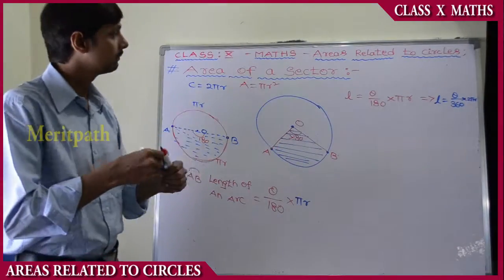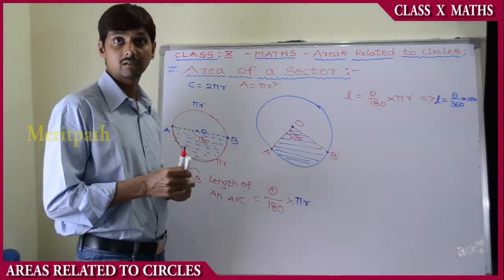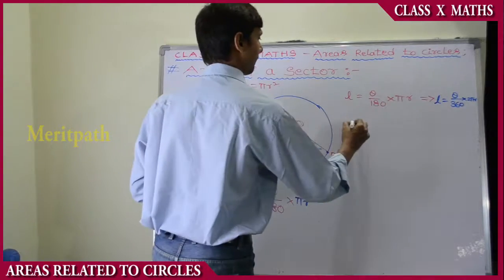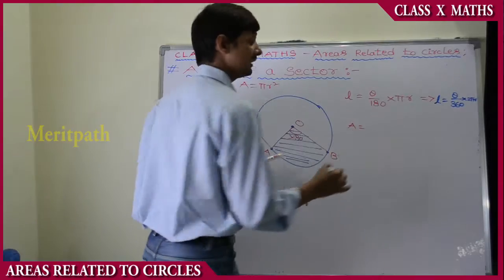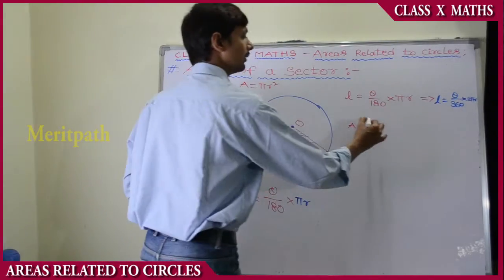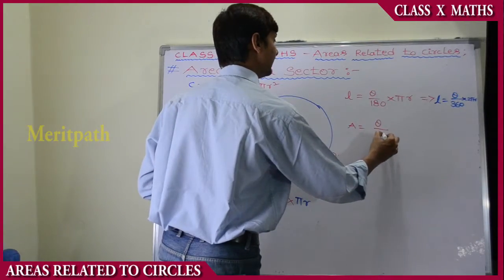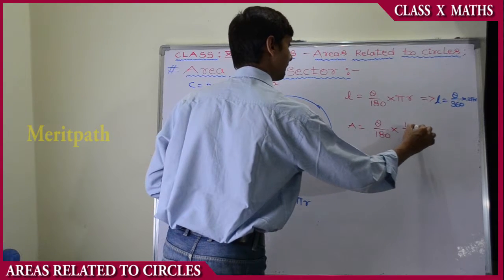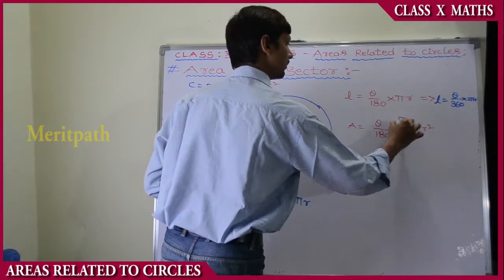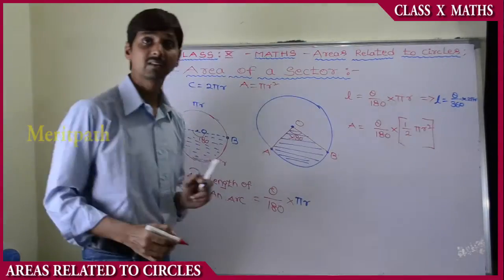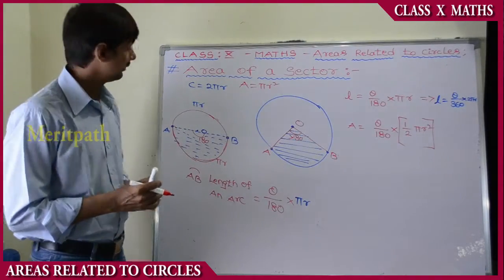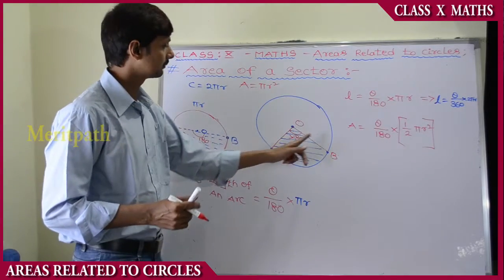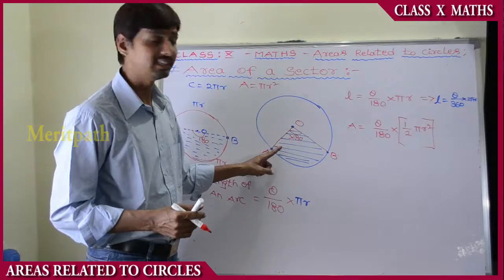So let's take half of the circle, that is the semicircle. Area of the sector is equal to theta by 180 degrees into half pi r square. Before that we took the length of an arc which is less than 180 degrees.